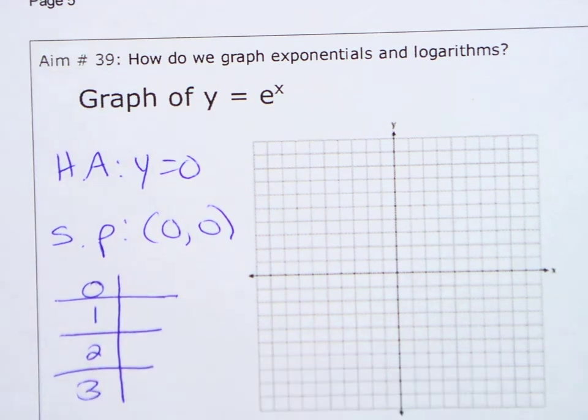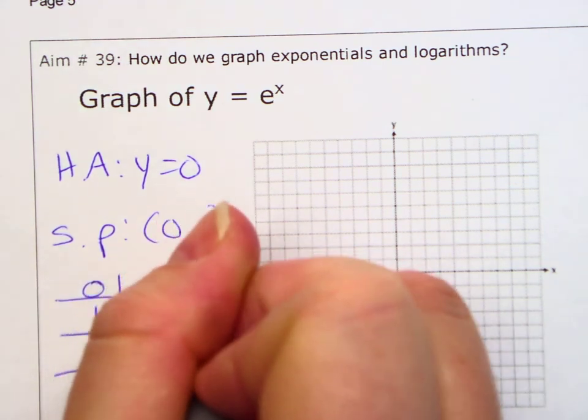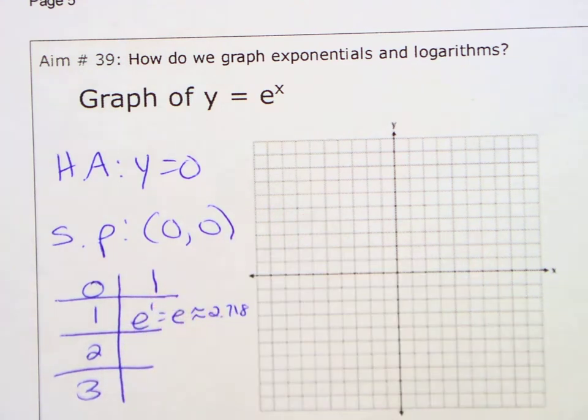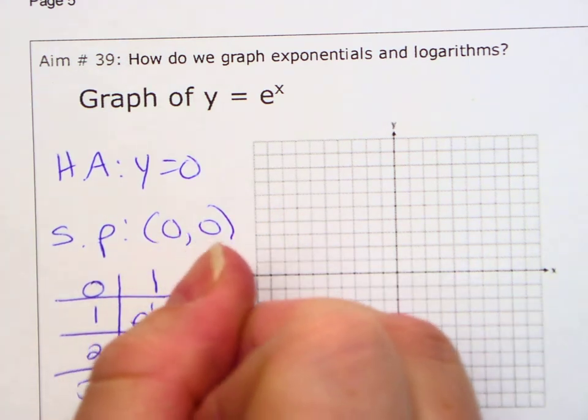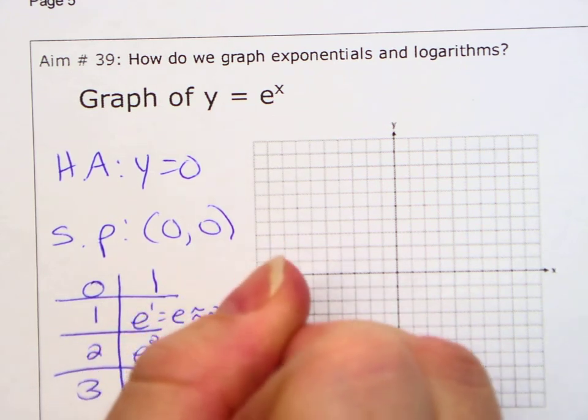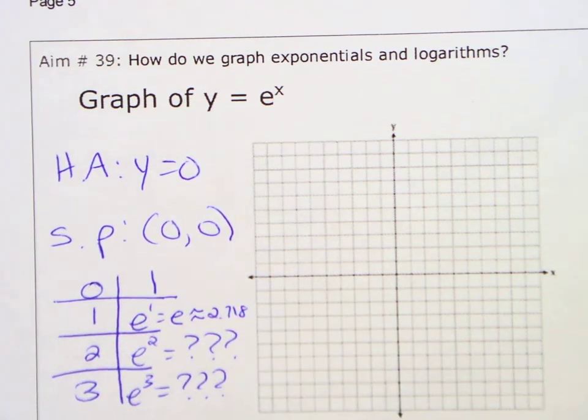What's e to the 0? 1. What's e to the first? E to the first is just e, which is approximately 2.718. What's e squared? I don't know, some nasty number. E to the third? I don't know, some number that I don't want to figure out. So notice that e has a bunch of numbers that we don't really like.